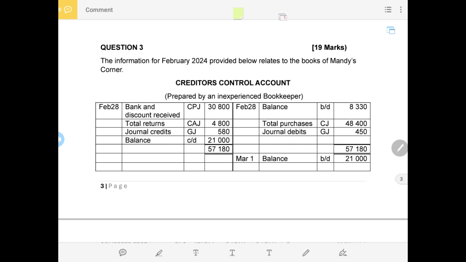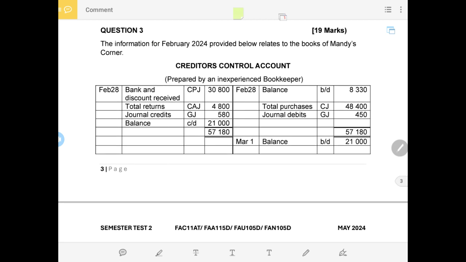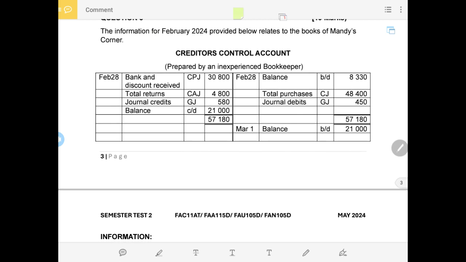So we, as students who have graduated to this institution, are very knowledgeable to help this bookkeeper. And definitely this bookkeeper graduated from a no-name university. That's why he can't even do the creditors reconciliation, the basics of bookkeeping.